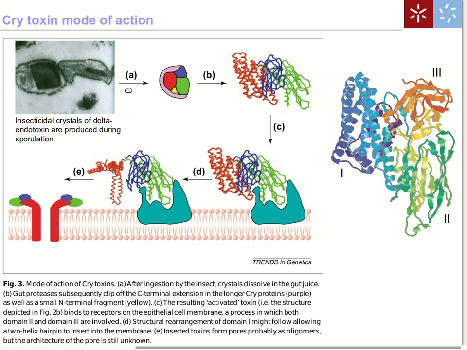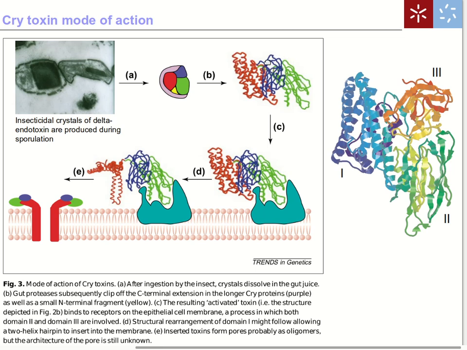We have low pH. So the high pH favors the solubilization of the toxin proteins. Once they are solubilized, they are processed proteolytically. So this gray domain here represents the C and the N terminal of the protein, and specific proteases cut these away from the protein. The toxin has 3 domains. This red one here, it's domain 3. This blue one is domain 1, and this green one is domain 2.